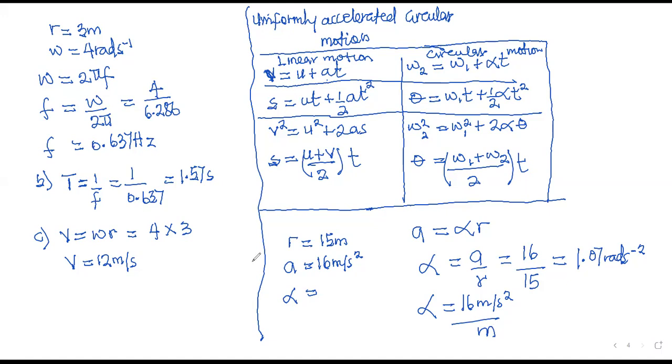All right, the next question, question 2. The rim of a compact disc starts from rest, and after 30 seconds attains an angular velocity of 6.6 revolution per second.